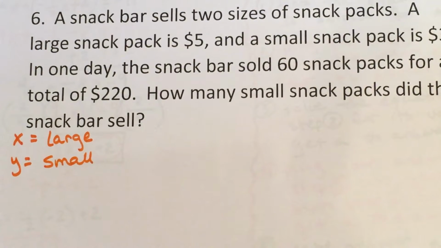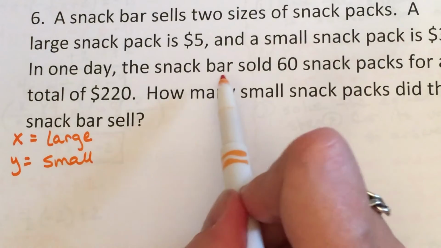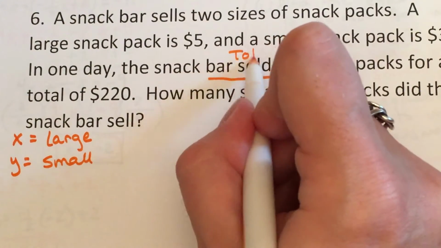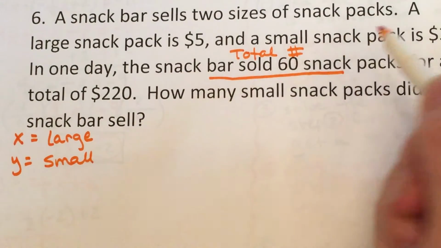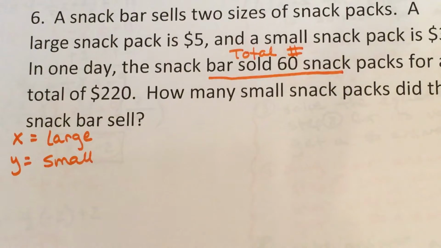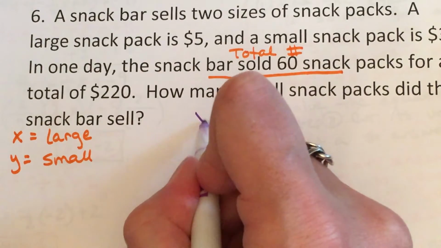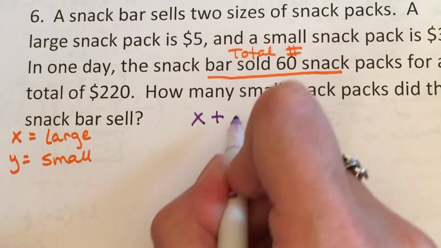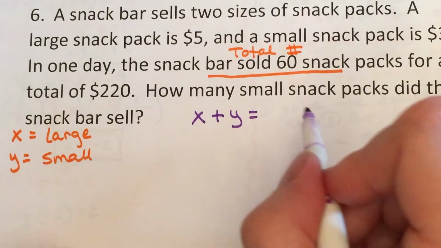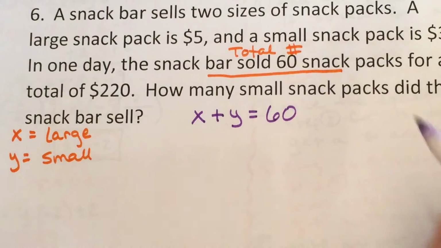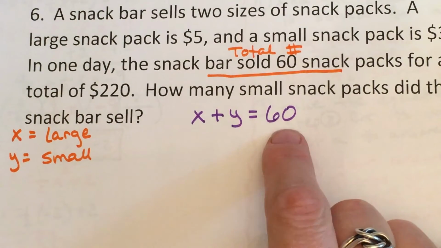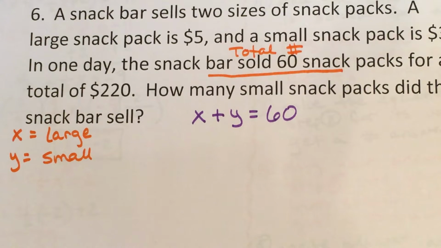When you have a total number of all the things happening, what we see is that all of the larges plus all of the smalls make a total of 60 snacks that were sold. This is a total quantity of something that happened.